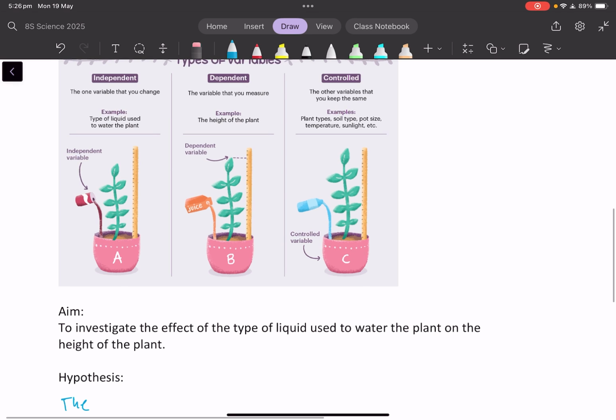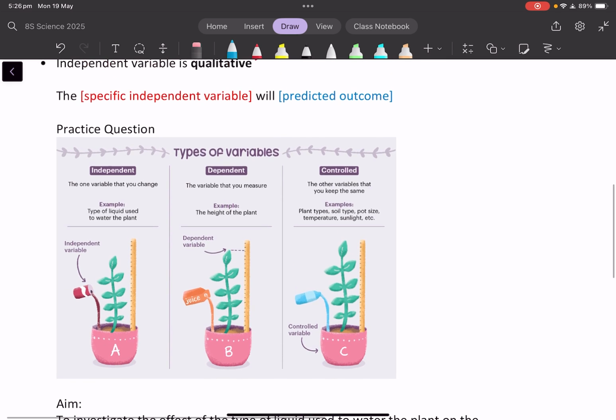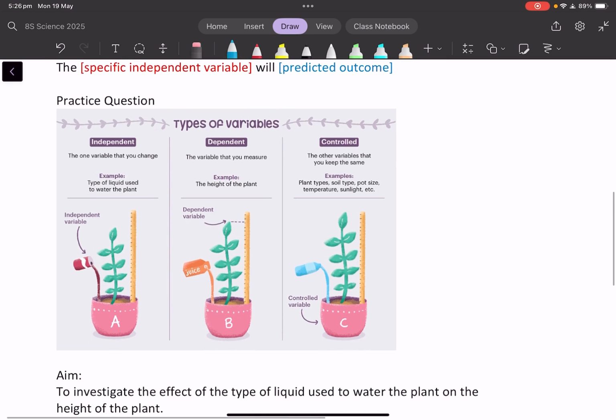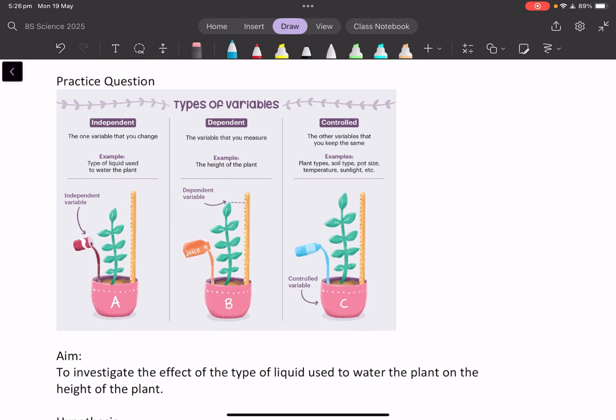I need to think to myself, what liquid? Well, actually, before I start with the liquid, maybe the predicted outcome is easier to start with. In this experiment, what is a predictable outcome? A predictable outcome will be which one grows the tallest. I might not know exactly how high they will grow, but I could probably predict which one will grow the tallest and which one will grow the shortest.